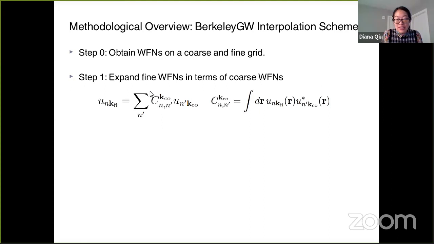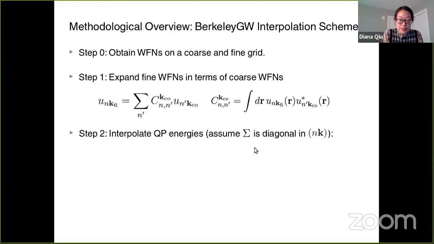And this coefficient c is just the overlap of u on the fine grid with u on the coarse grid. Once we obtain these coefficients, we then interpolate the quasi-particle energies, which we also calculate on a coarse grid, which was done in the sigma step of your last example.